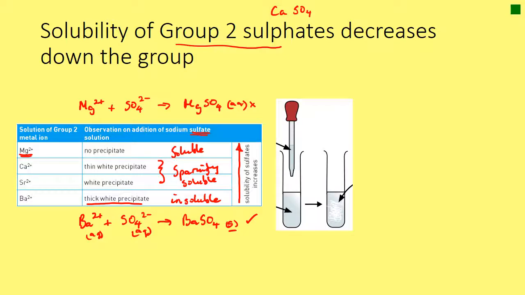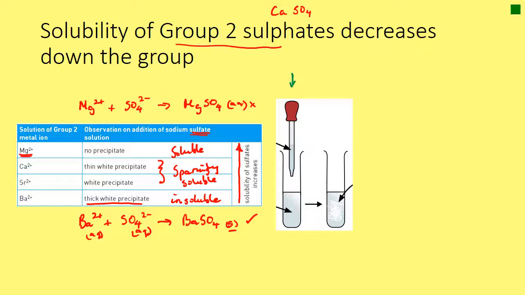Okay, so what we can do is we can discuss a use for this chemical phenomenon, in particular the use of barium, and the fact that barium sulfate is insoluble. It can be used as a test for sulfate ions. So let's talk about this test tube here first.